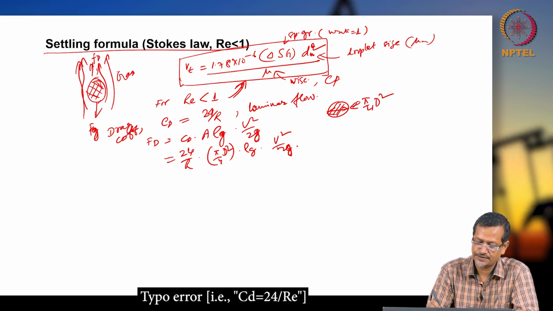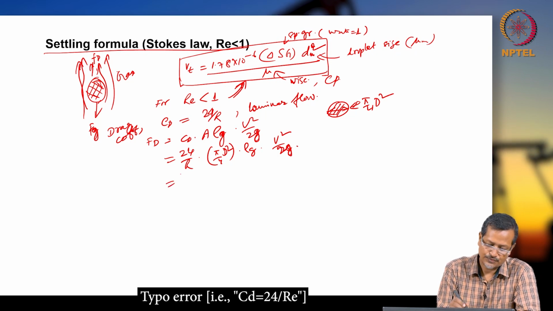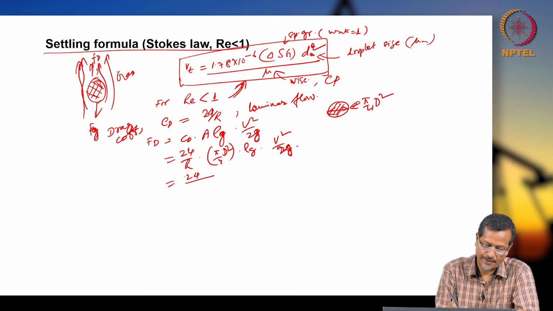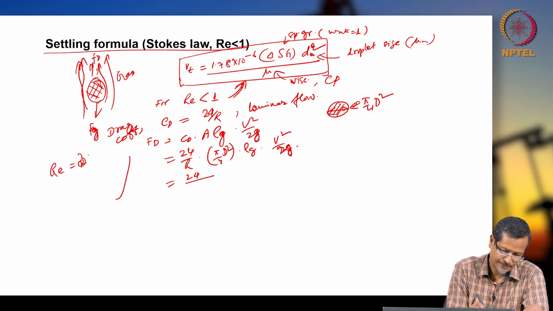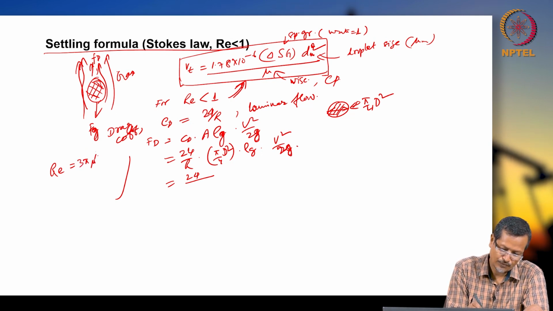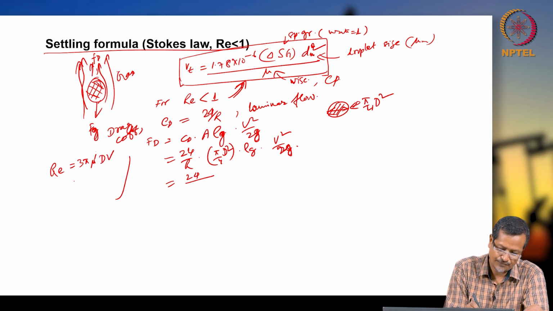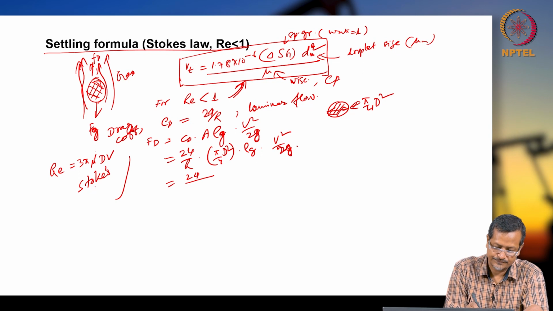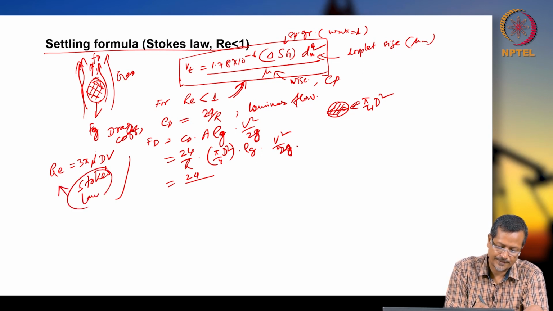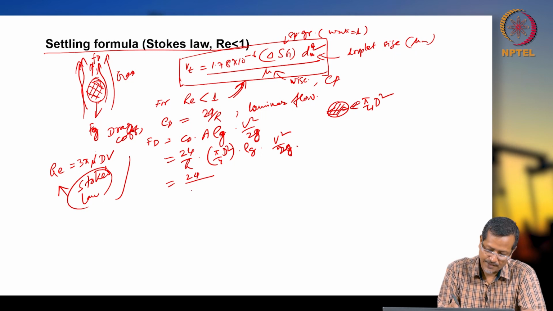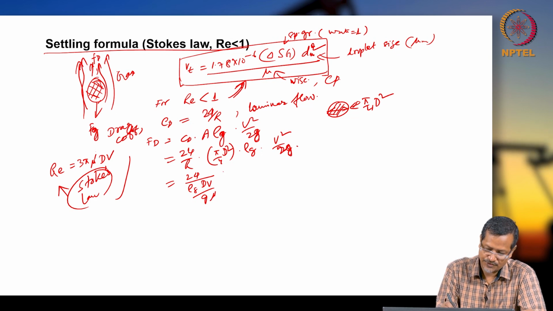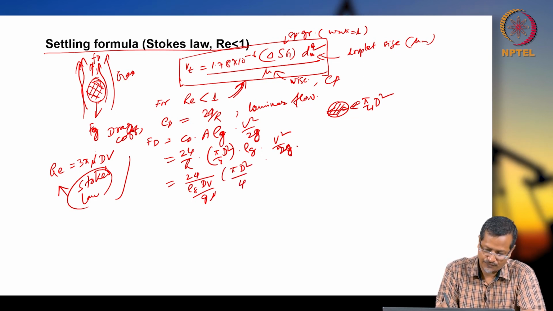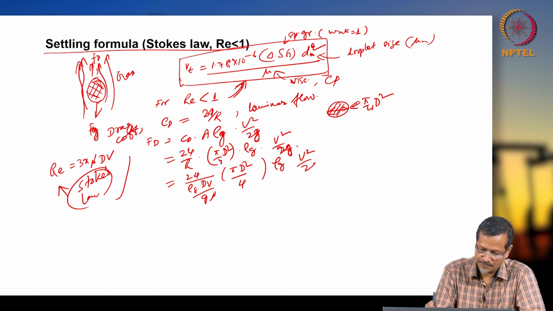Okay, so if we simplify, in the 24 by Re formula, Re equals rho g d V by mu dash, and the drag force is 3 pi mu dash d V. This is Stokes law. So you should remember this formula is used here.